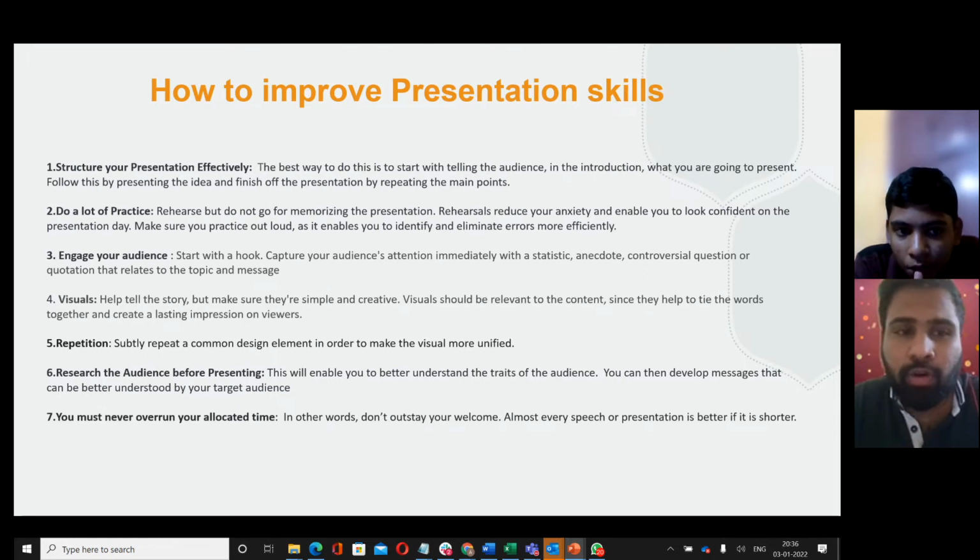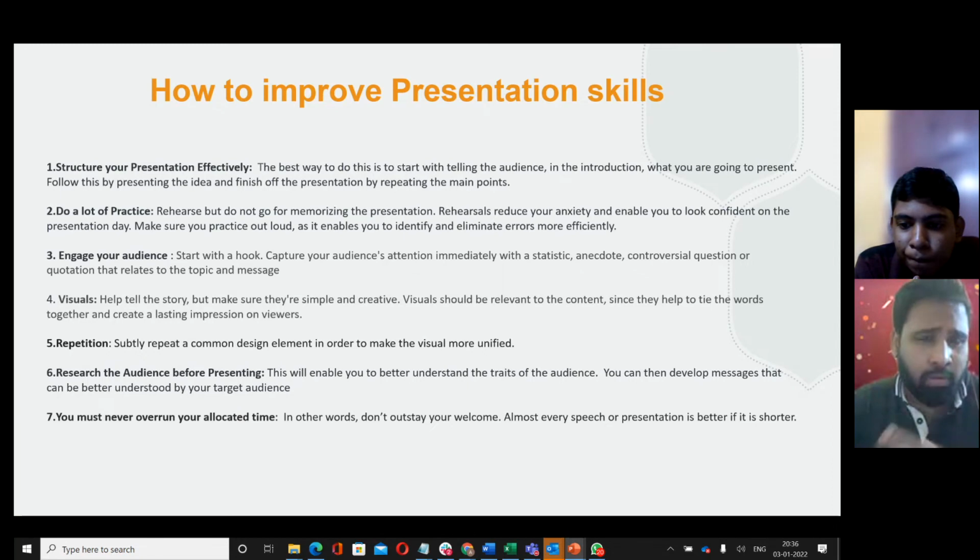So to engage your audience, you have to start with a hook line. Like I said, it could be funny, it could be anything. If you have a hook line, it can capture the audience, and they will be more interested to know what your topic is about.